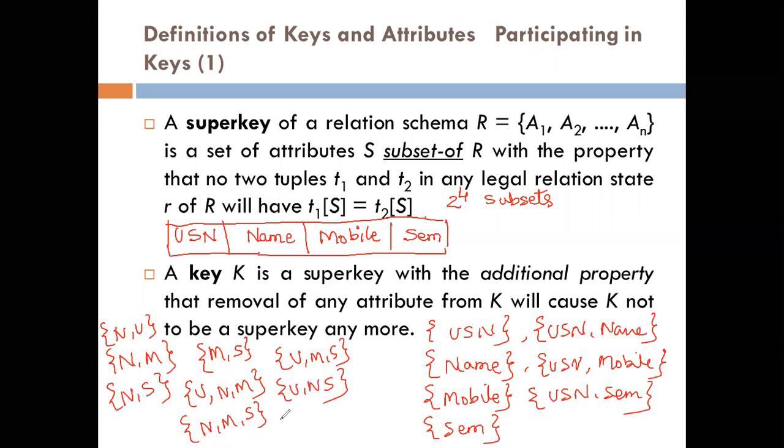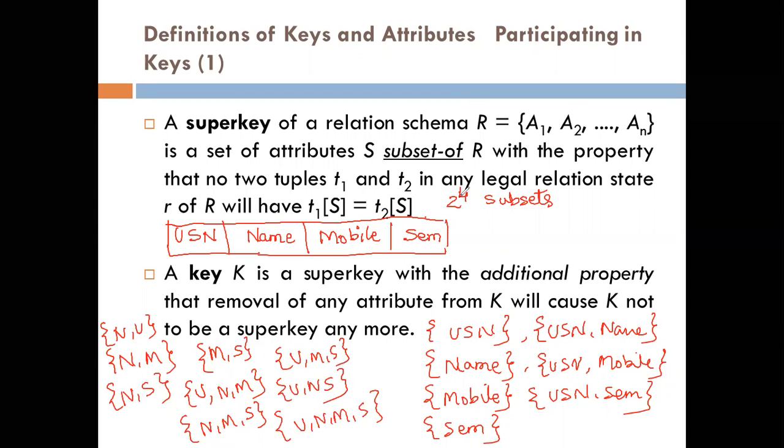So four possible ones. Our last set would be USN, name, mobile, and semester, so all four are included. We will not consider the null set. Now when we have listed all the possible sets, we will go back and apply the definition.